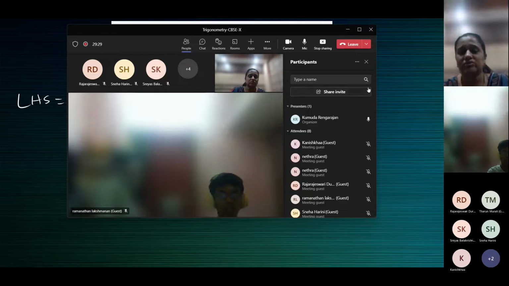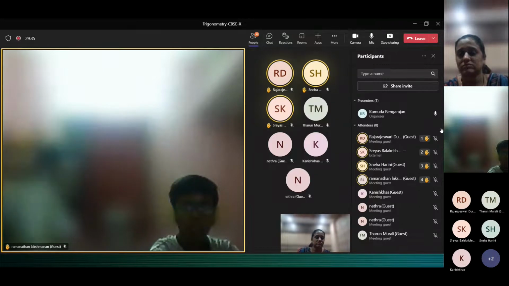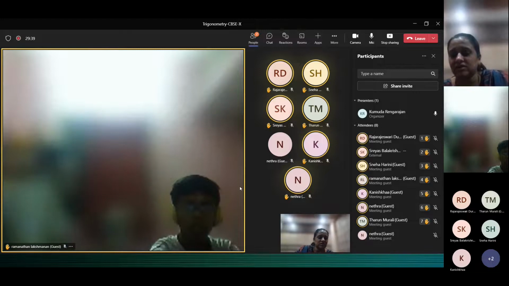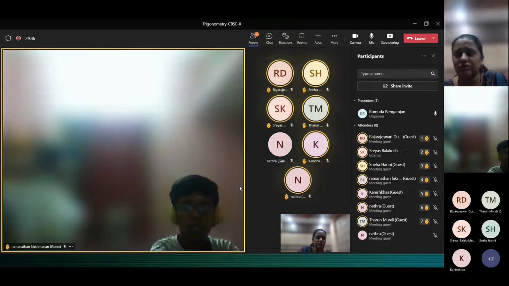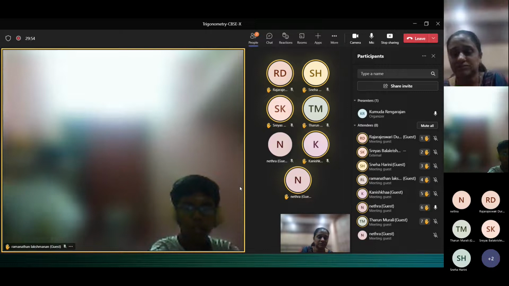Class, use the emoji. Raise your hand. Rajeshwari, Shreyas, Sneha, Harini, Ramanathan, Kanishka, Netra. Netra, you have logged in from 2 different devices.